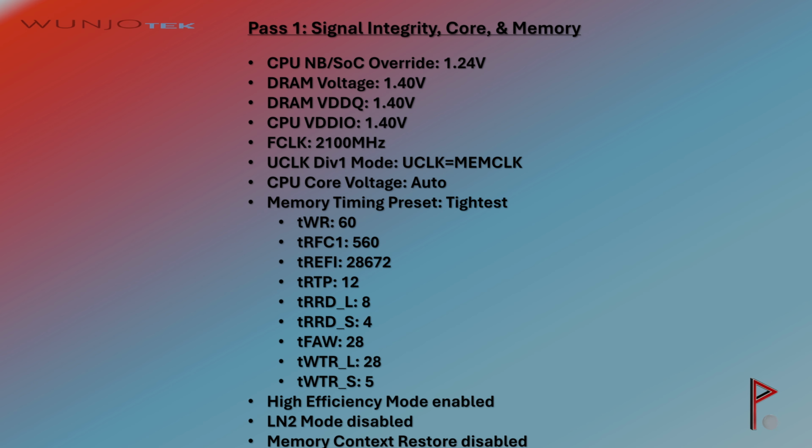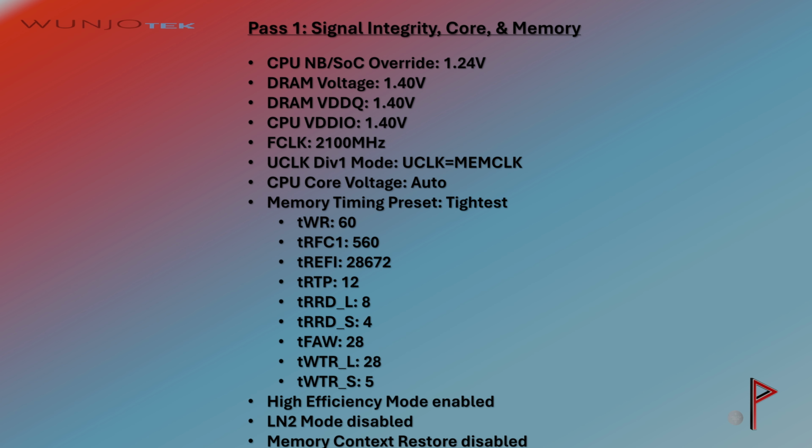What are we talking about when we talk about FCLK, CPU VDDIO, DRAM VDDQ, SoC, etc.? We're talking about communication between disparate components across the motherboard. In other words, signal integrity. VDDIO powers the I/O interface on the CPU side of the memory bus.